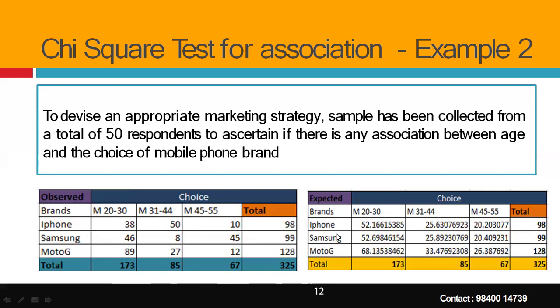We leave the row totals and column totals as they are. So these are the actual values, the observed values. In your Excel sheet, if you put two tables like this, and select the three columns as your observed values and the expected values in the chi-test function, you'll get the p-value.